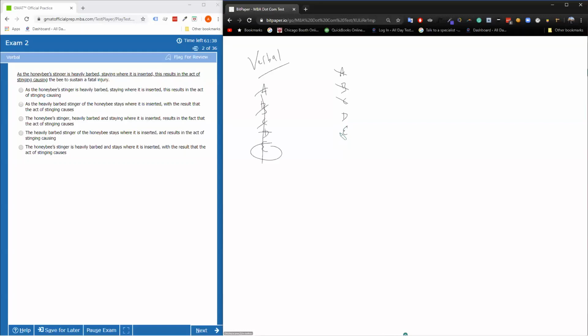Honeybee stinger is heavily barbed and stays where it is inserted, with the result. That seems like too many words. Heavily barbed stinging honeybee stays where it is inserted, comma, and results in the act of stinging.